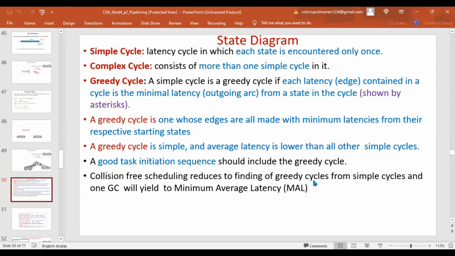A good task initiation sequence should include the greedy cycle. Collision-free scheduling reduces to finding greedy cycles from simple cycles, and one greedy cycle will yield the minimum average latency.